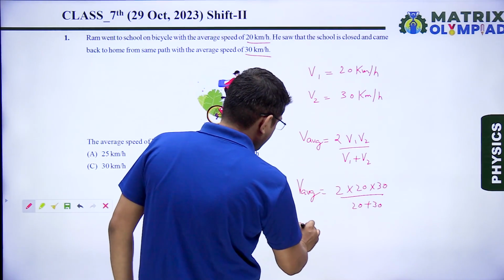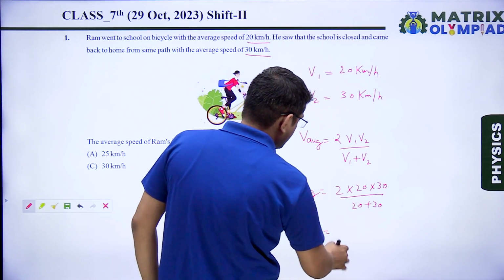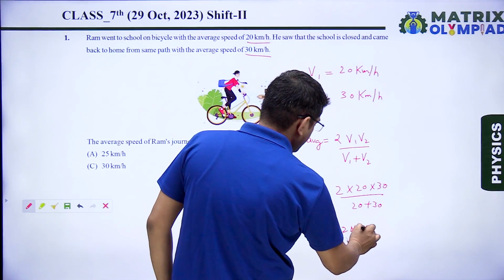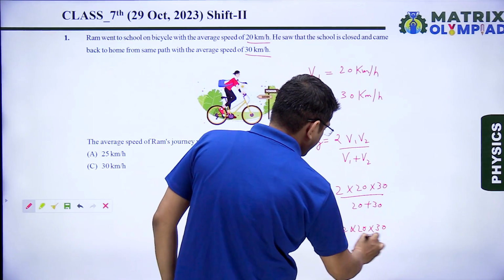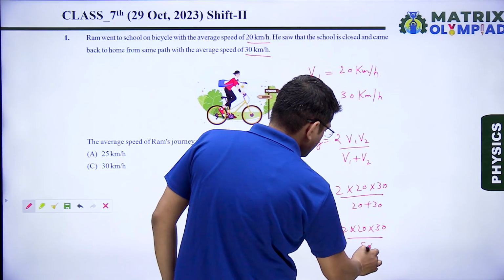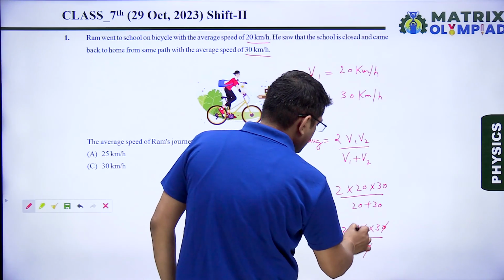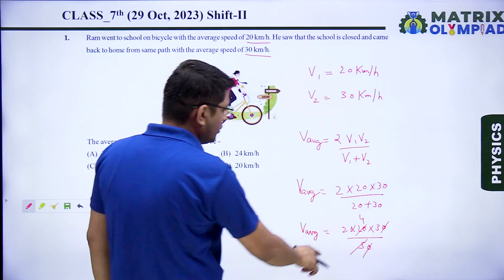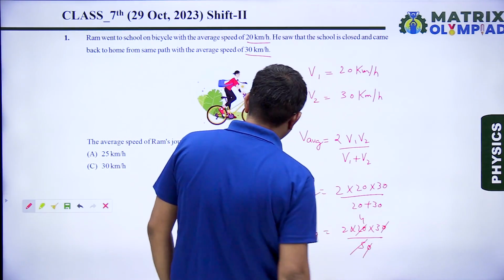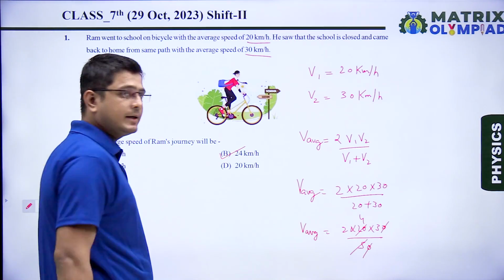From here we get V average is equals to 2 into 20 multiplied by 30 divided by 50. So from here 0 is cancelled by this 0. Then it becomes 4 into 6, which is 24. That means option B is our correct answer.